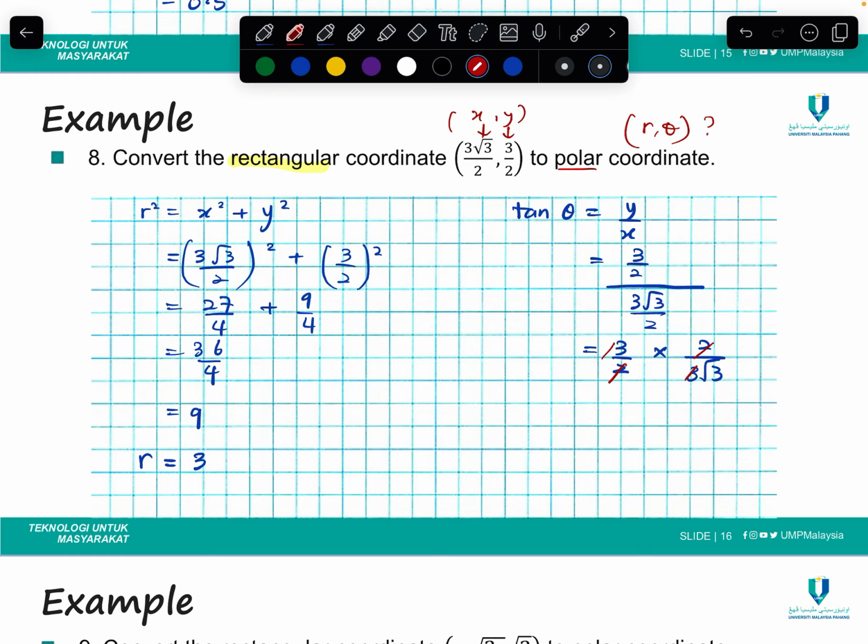You will obtain 1 over square root of 3. So to find theta, just take the tangent inverse of that value. You will get 30 degrees.